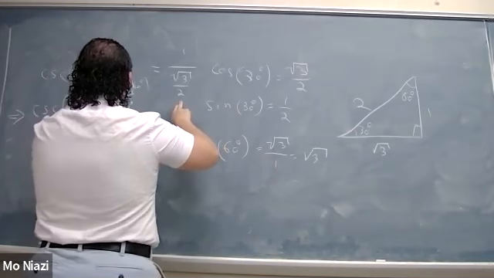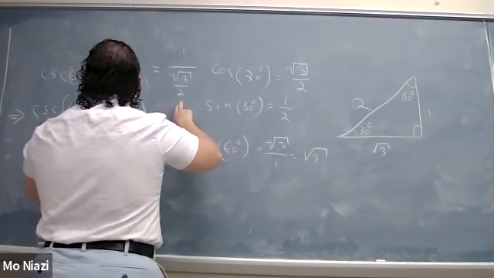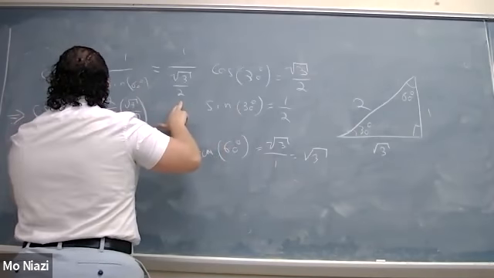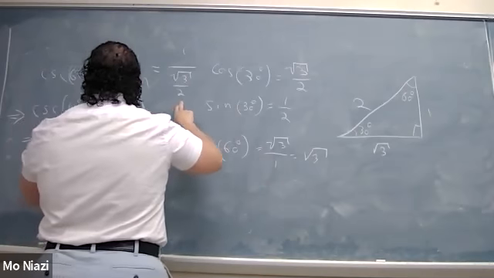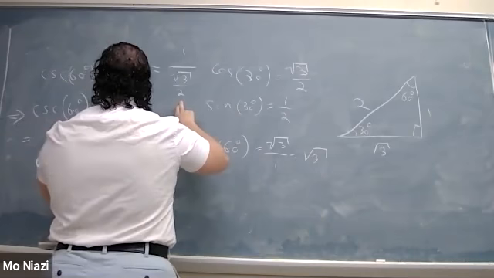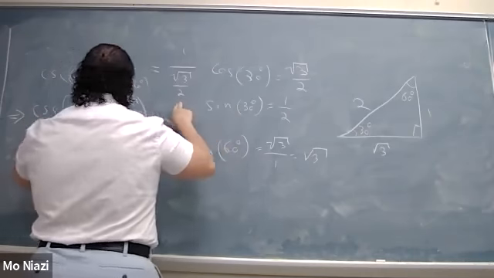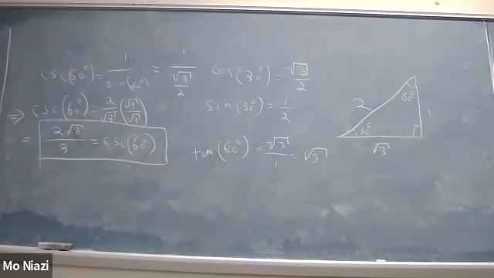And then when you rationalize the denominator, you get 2 root 3 all over 3, which is equal to your cosecant of 60. Make sense?